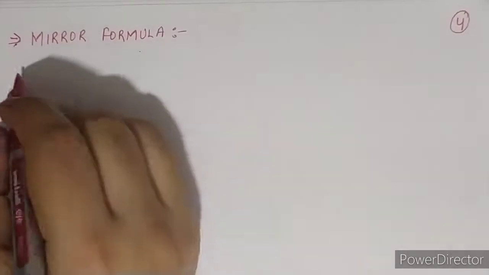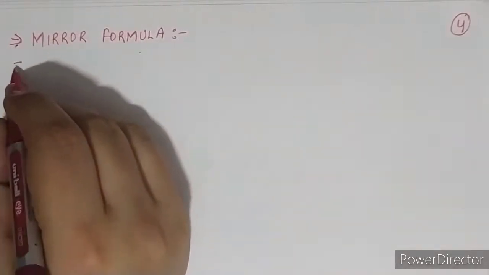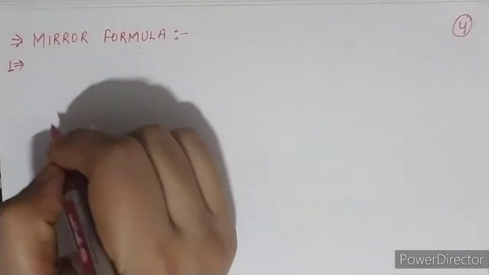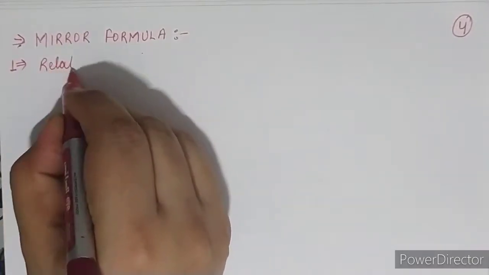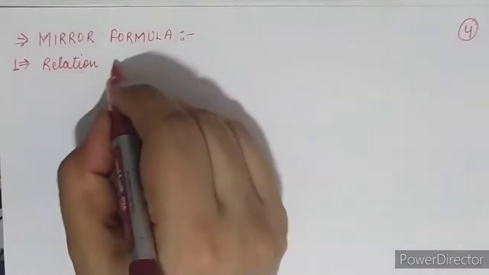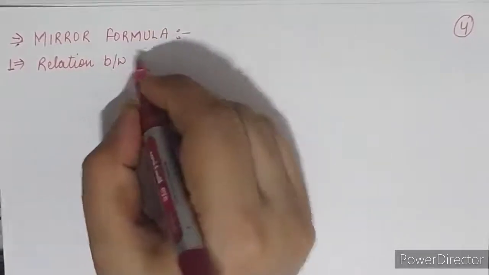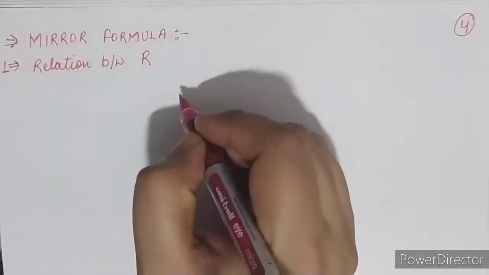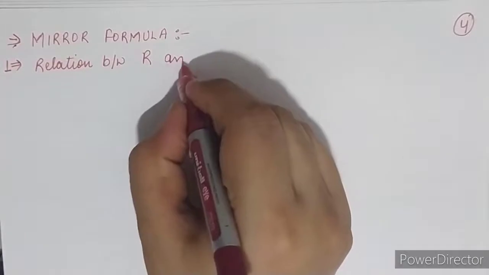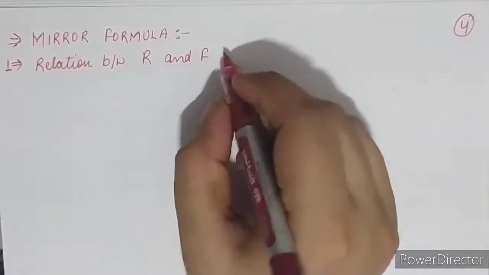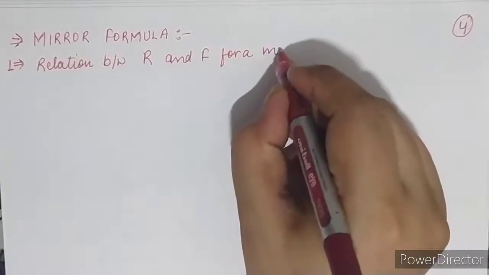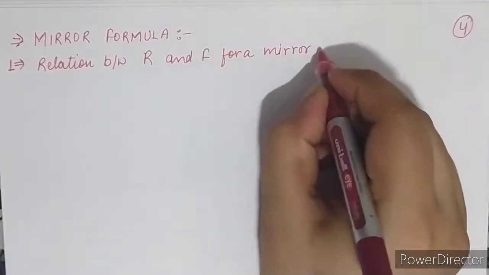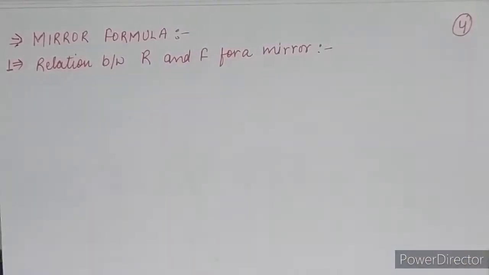So our first topic is a relation between the radius of curvature, that is R, and F, that is the focus point, for a mirror. For the mirror we have to derive a relation.